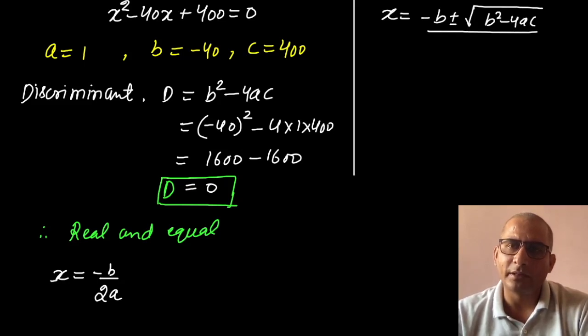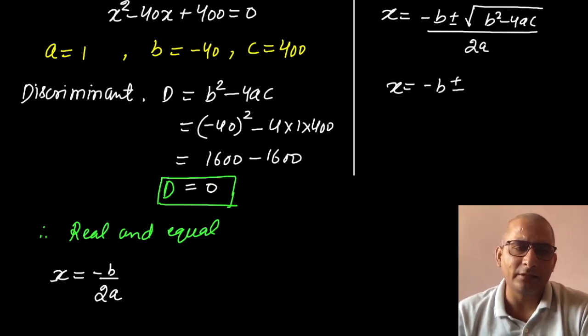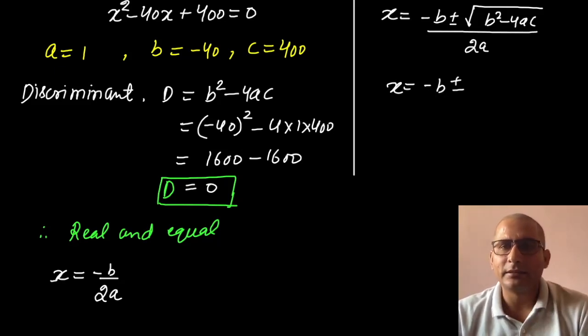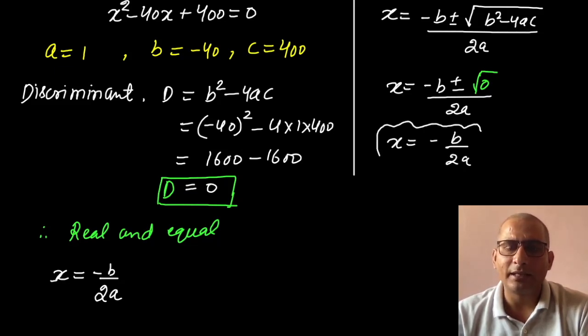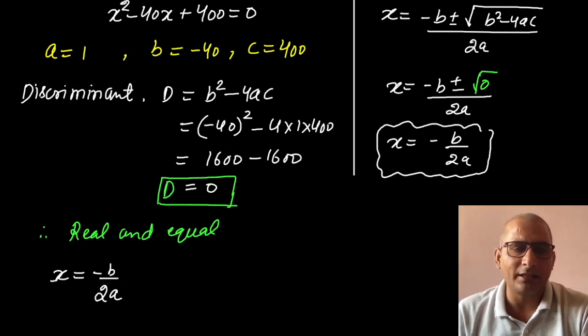So I am applying only the quadratic formula. अब हमने बोला कि b square minus 4ac 0 हो गया है discriminant, तो ये 0 का root हो जाएगा, right? 0 का root तो 0 ही होता है, तो x की value क्या आ जाएगी? Minus b upon 2a. तो आप directly ये formula लगाएंगे when the roots are equal. So minus b upon 2a.